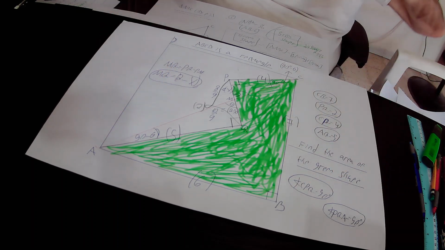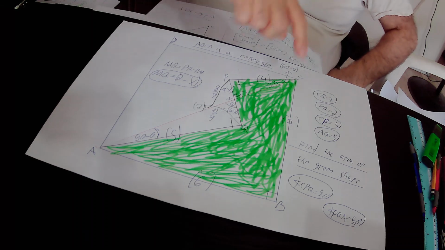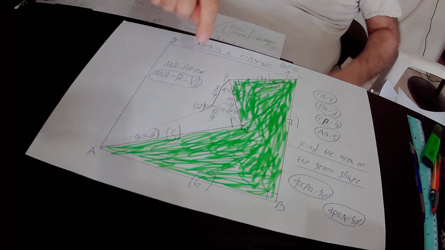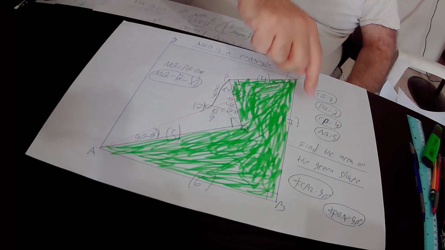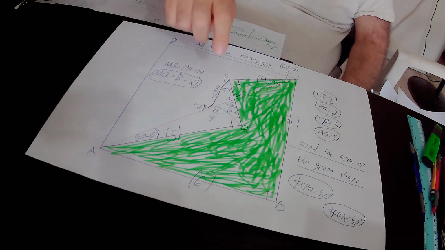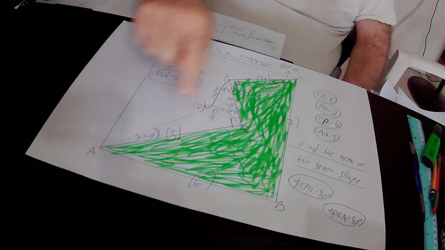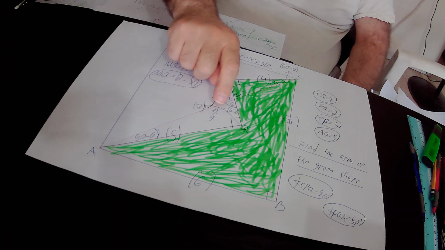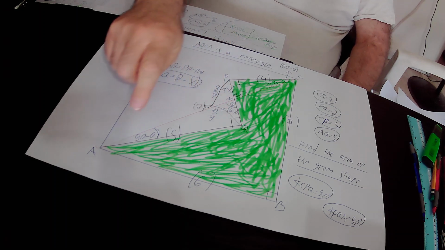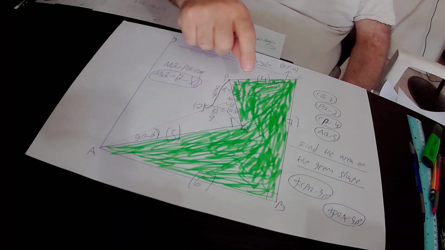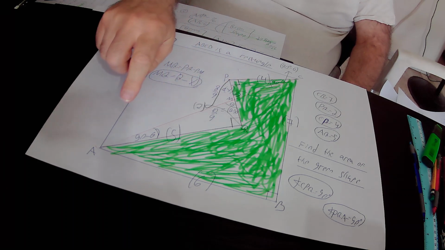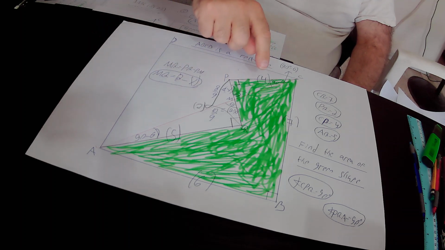Our mission is to find the area of this green shape. What is the area of the green shape? The area of the green shape equals the area of the big right triangle ABC. But because the area of this big right triangle ABC also includes the white area, that is the area of the right triangle AQM, we have to subtract it.